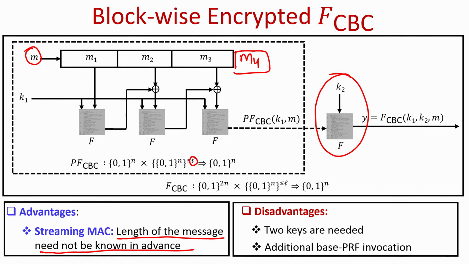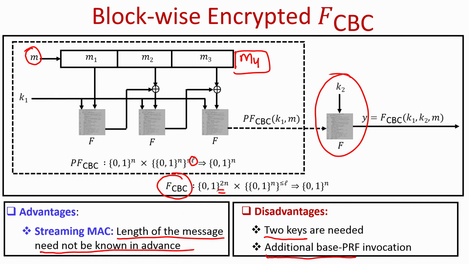The disadvantage in this construction is that we now need to operate with two keys. That means the overall key for the CBC blockwise PRF consists of two independent chunks of n bits each, and we also need an additional PRF invocation, namely the final PRF invocation, apart from the PRF invocations which we are making internally as part of the prefix-free CBC PRF.